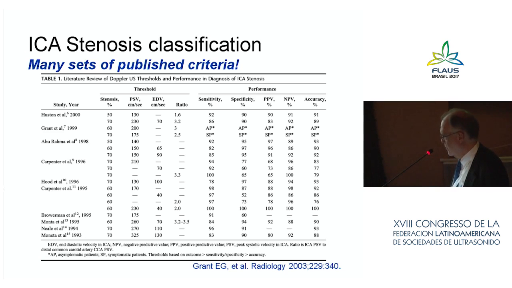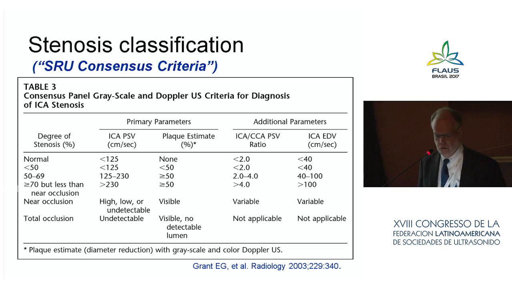This is from a paper that looked at the Society of Radiologists in Ultrasound proposed criteria that I'll show you in a minute. But this is one of the tables from that paper showing the various validated criteria that were around in 2003. There are more now. So there's a lot of different numbers that you can pick from the literature to use as your criteria.